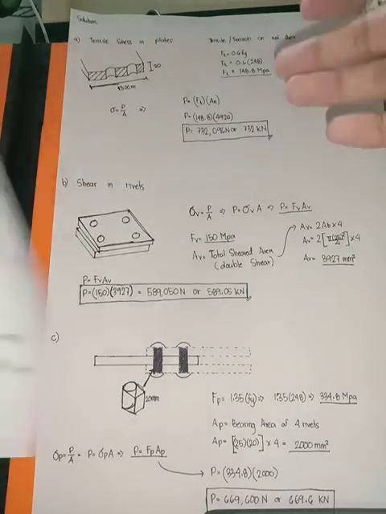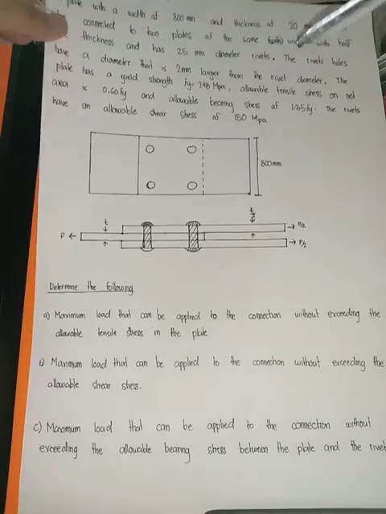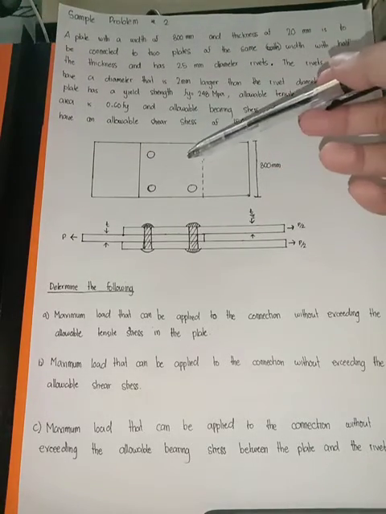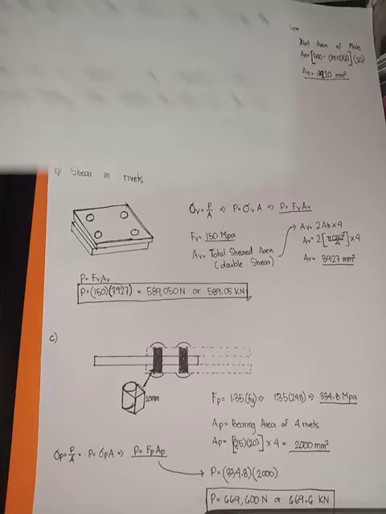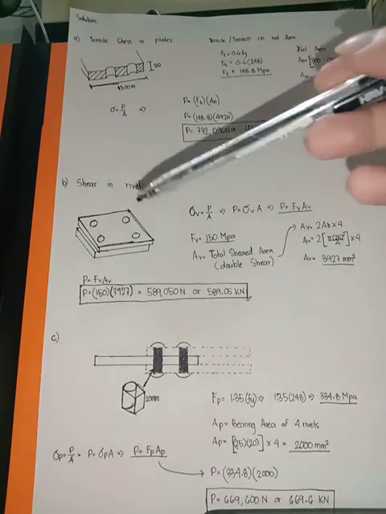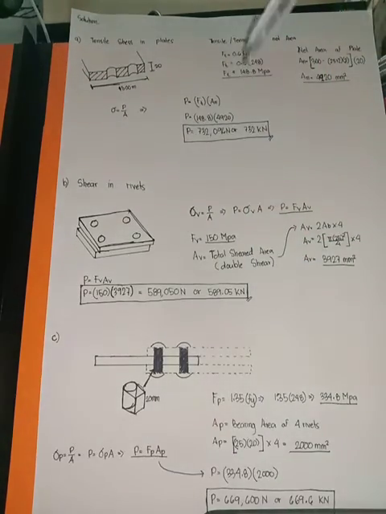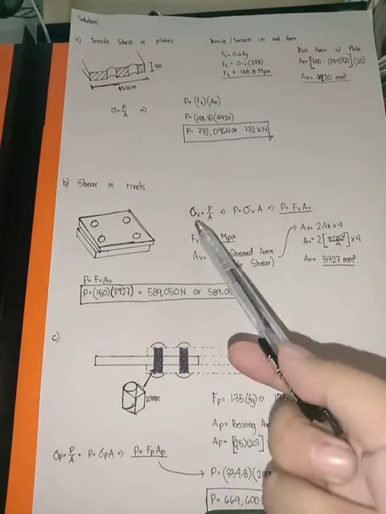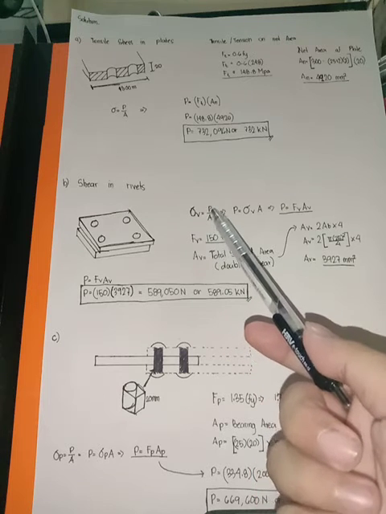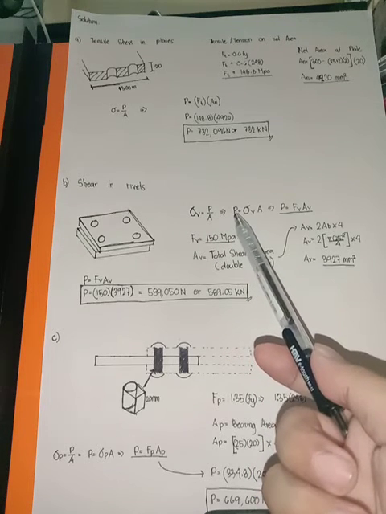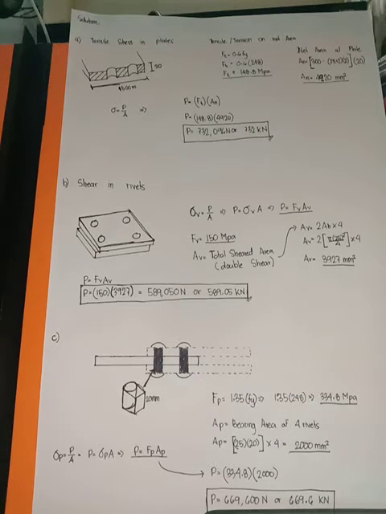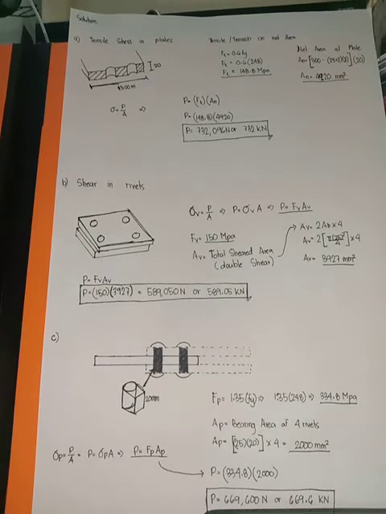Let us recall our drawing, where these four rivets are 1, 2, 3, 4. These four rivets connect the plates, the two plates. The formula is shear is equal to P over A, derived from the formula P is equal to shear times A. So our P now is equal to the shear stress times the area of the rivet.